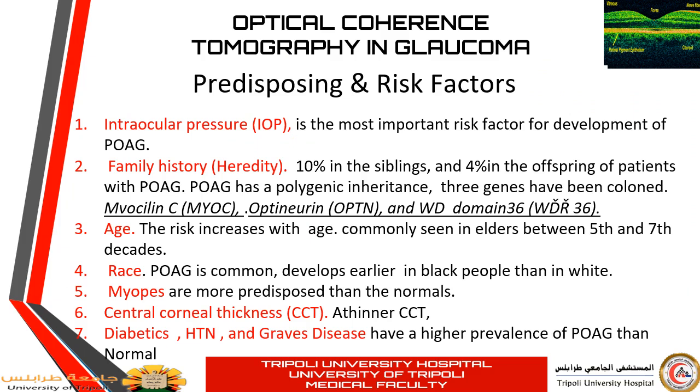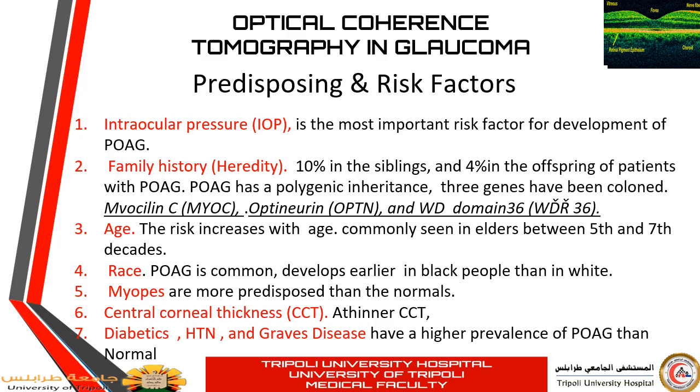As far as the predisposing and risk factors of glaucoma, the main and most important risk factor for the development of primary open-angle glaucoma is elevated intraocular pressure, as seen in the Ocular Hypertension Study, followed by family history, that is, hereditary factors are seen in patients with glaucoma, as 10% of the siblings and 4% of the offspring of patients with primary open-angle glaucoma have a high incidence of developing glaucoma.